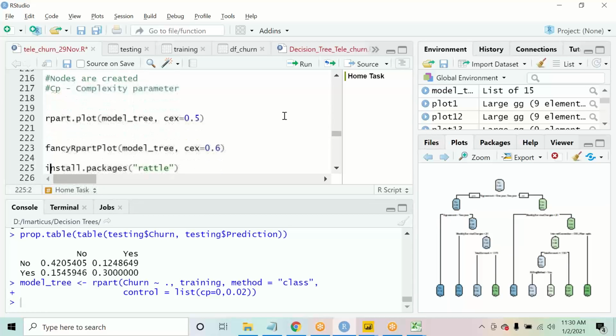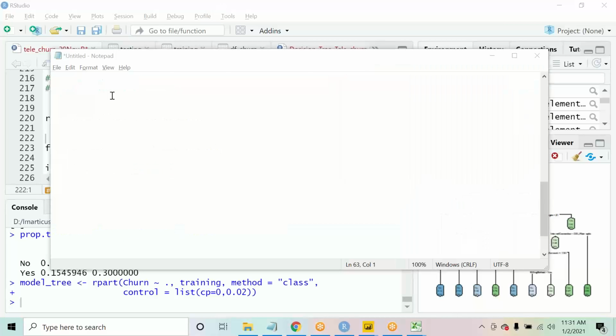Okay. So with this, we come to the end of the third modeling technique that we have learned. We have learned linear regression, logistic regression, and decision trees.